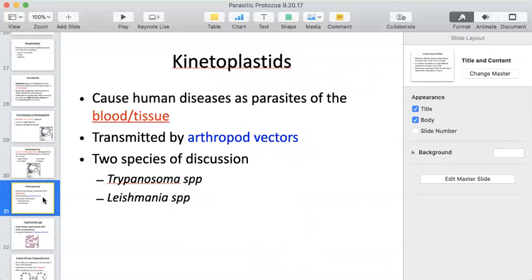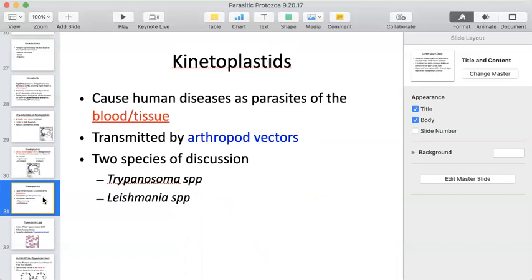These organisms can definitely cause human disease. Mostly they're going to be internal, like blood or tissue type diseases. One of the modes of transmission for kinetoplastids is arthropod vectors, typically mosquitoes or flies.